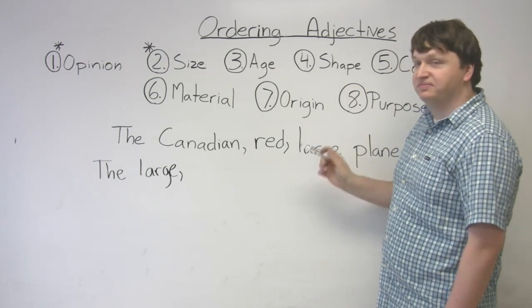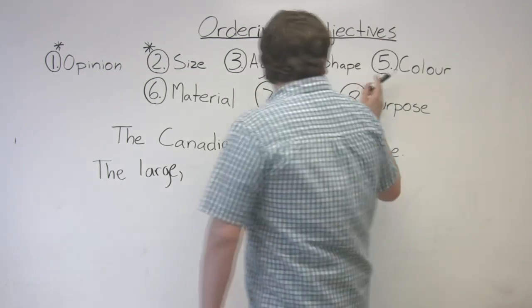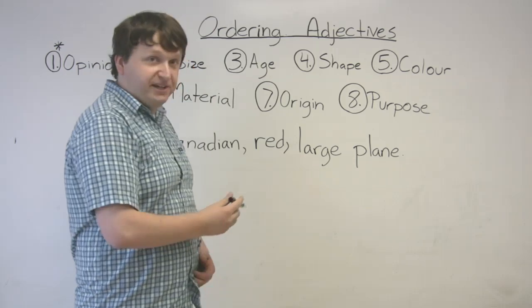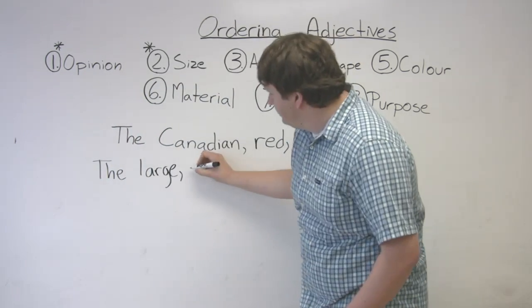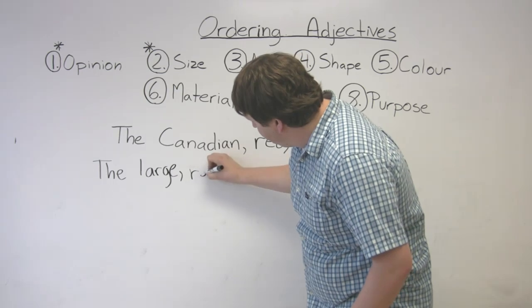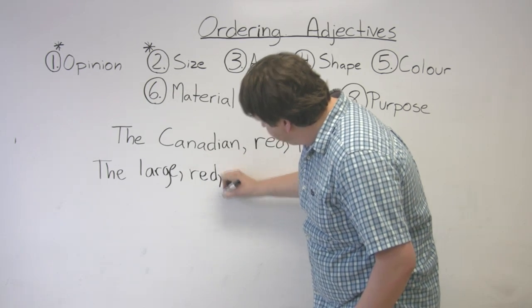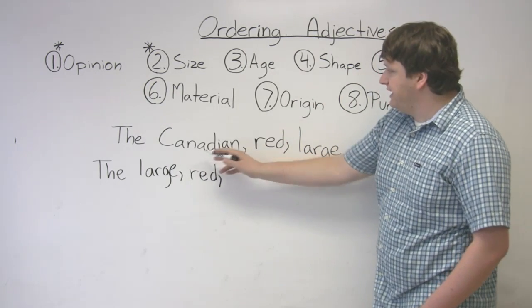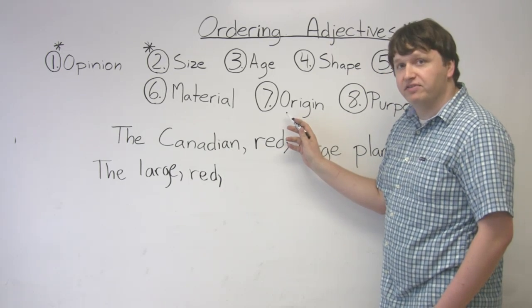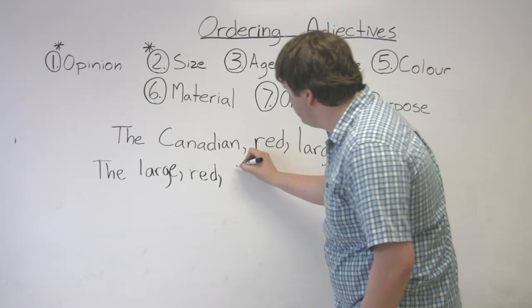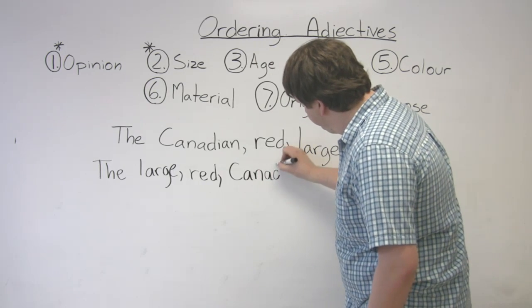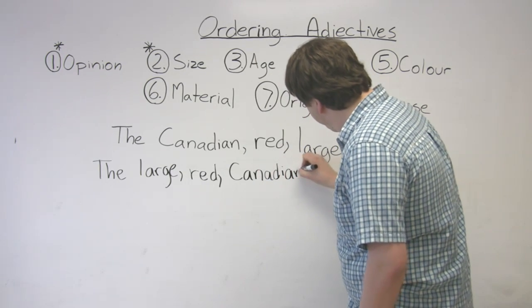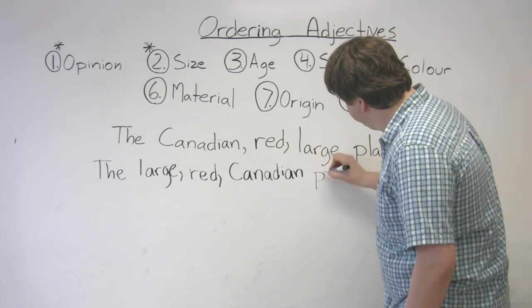Shape? Nope. How about color? There's a color in there, right? Red. So next is red. The large red. And the last thing we have is Canadian. Canadian is the origin of the plane. So we would say the large red Canadian plane.